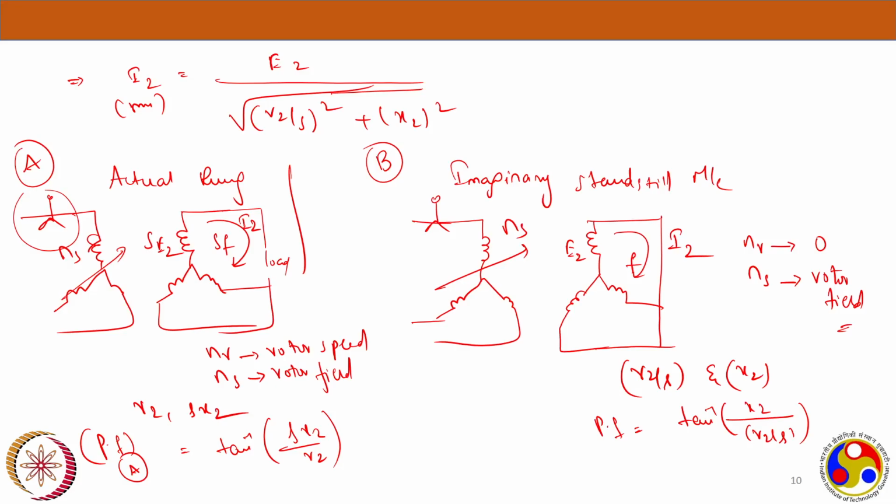Therefore, the stator will react in the same way in both cases, because the stator has to draw some current I2 dash. So in both cases, the stator will react in the same way while drawing this I2 dash. Therefore, people have come up with a solution to overcome this problem of joining these two circuits, primary and secondary, when slip is in the picture.